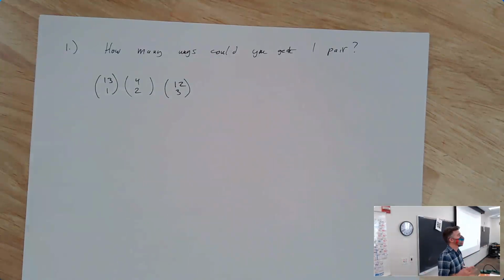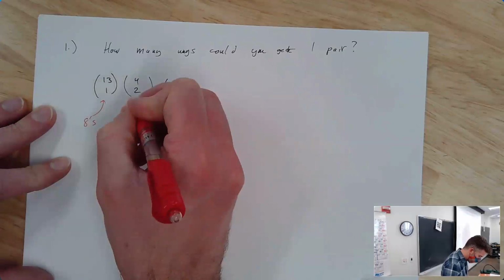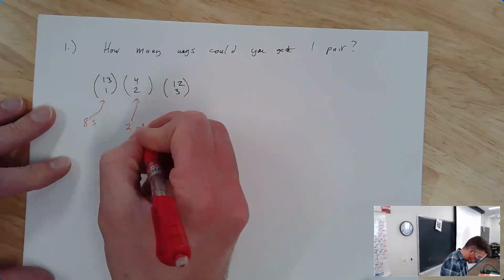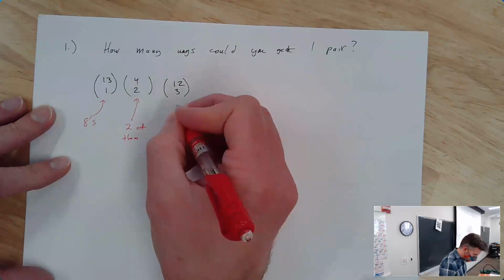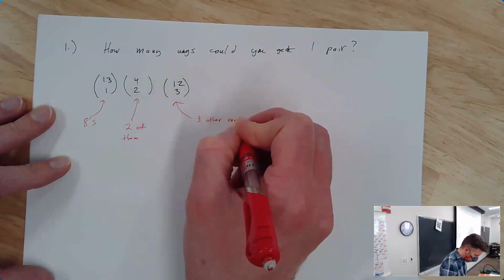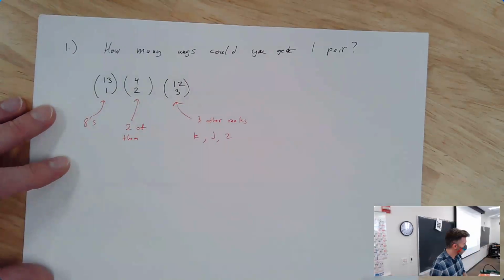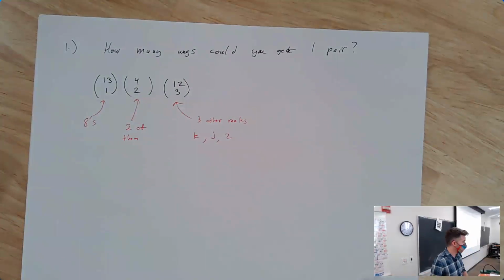And then from each of those ranks, so let's say, right, we've chosen 8s, and there are 2 of them. And now we're choosing 3 other ranks that are distinct, say kings, jacks, and 2s.